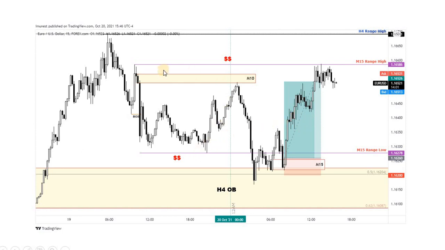So these are just explaining this, and you can see the price created equal high. We have liquidity resting above the equal highs, and price actually broke this high.